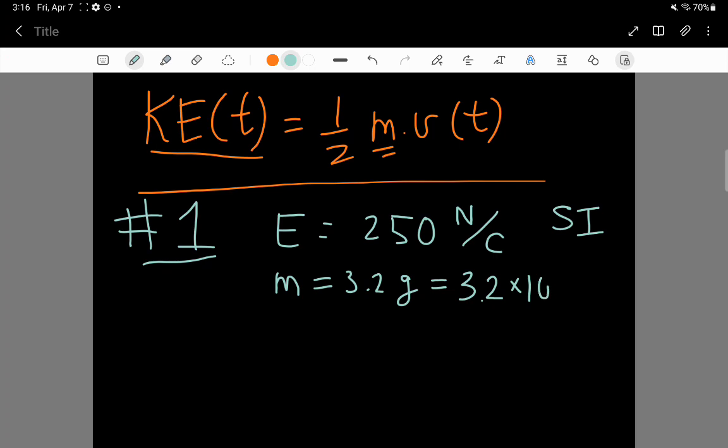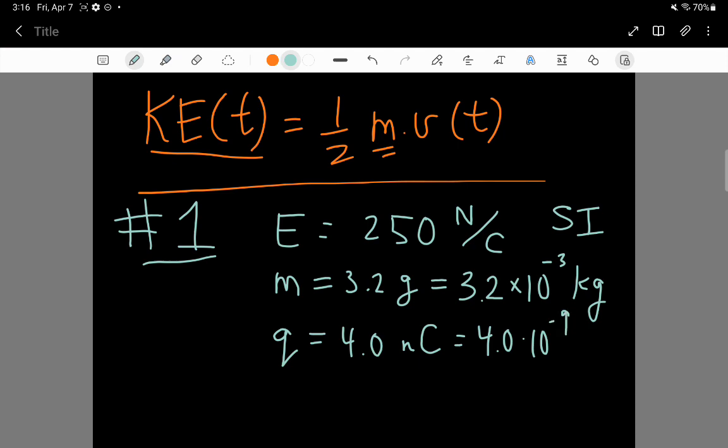So don't forget that 3.2 times 10 to the minus 3 kilograms is the mass of our object. And another detail is that the charge of our little ceramic ball is 4.0 nanocoulombs, right? And so in terms of scientific notation, this is 10 to the negative 9 coulombs.